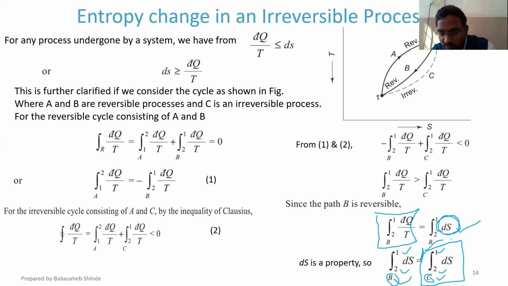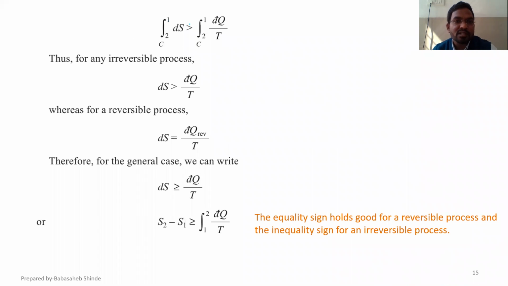And now I'm going to put this bracket over here in the place of this one, because here for path B, integral 2 to 1 of dq by T, I replaced with dS, that is change in entropy. And here what I proved is that as it is a property of the system, it is going to be the same for both paths. So now this 2 to 1 for path C change in entropy I'll put over here, and I will get this equation.